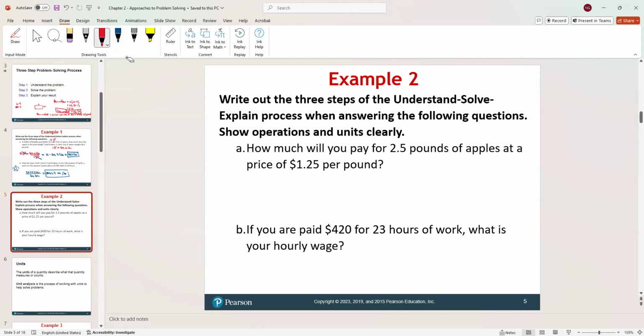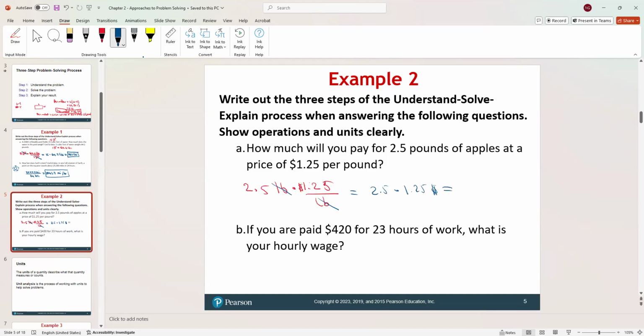So for us, 2.5 pounds would be, because we know it would be $1.25 per pound, if you cancel pound, that's how we do it, we're gonna have 2.5 times $1.25.